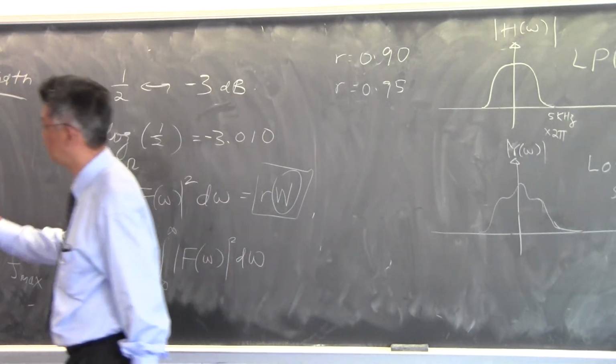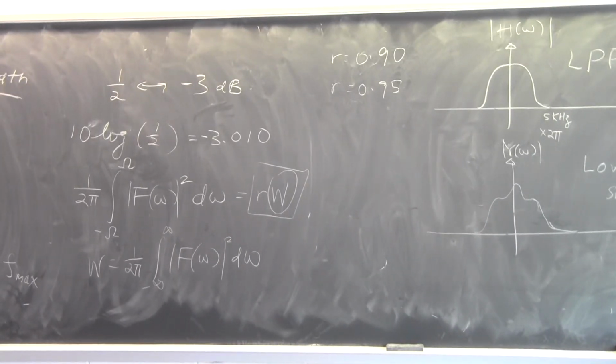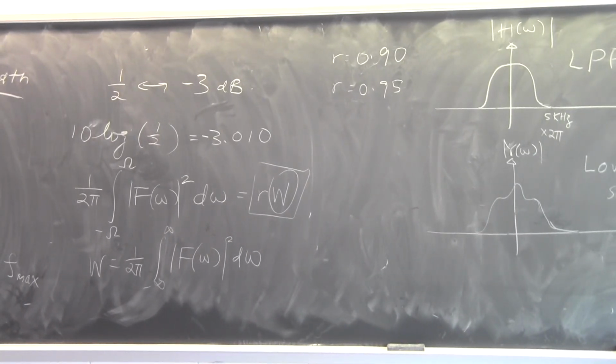Okay, this definitely applies to something like this, and in that range, I would call this capital omega and minus capital omega. And within this range, you have 95% of the energy or 90% of the energy. Okay.